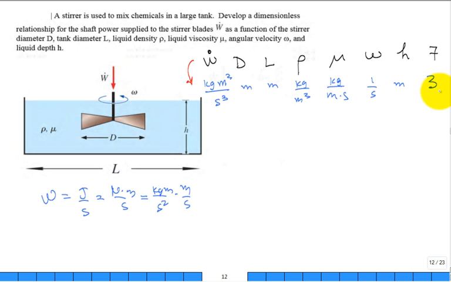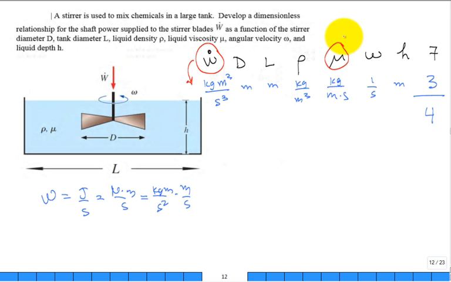So we count up the number of primary dimensions. They're almost always 3. Then how many pi groups? 4. So we're looking for 4 pi groups. And so what you do is you pick the ones you're going to build around, or in other words, you pick ones that you're going to use repeatedly in the other ones. So let's do this. Let's build around W dot. All right. And then what else do you want to build around? Mu, because you know you're going to get something like a Reynolds number.